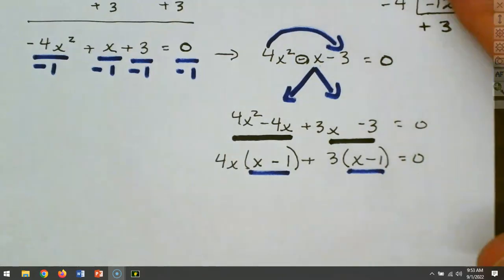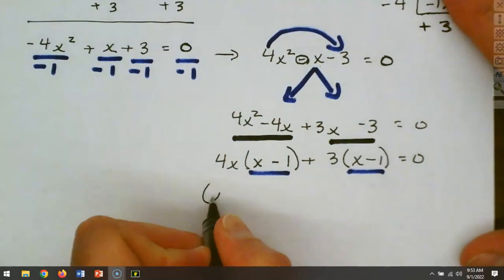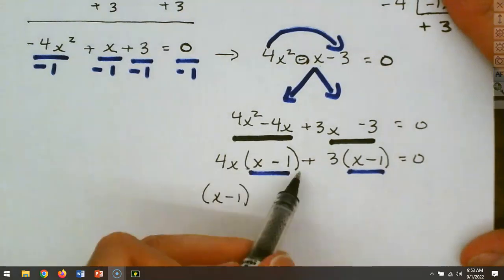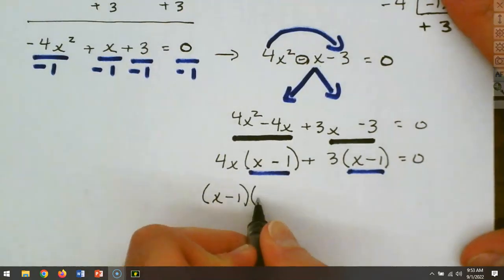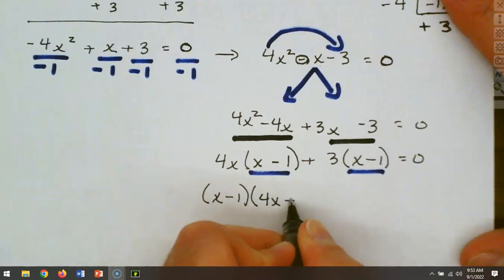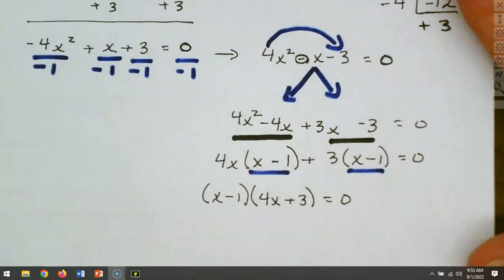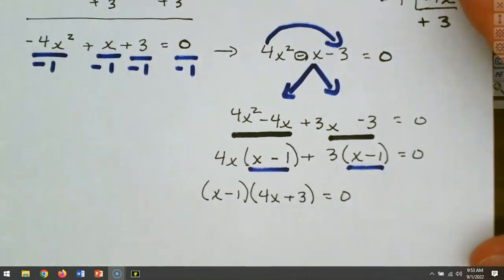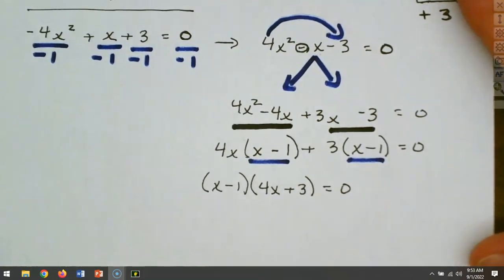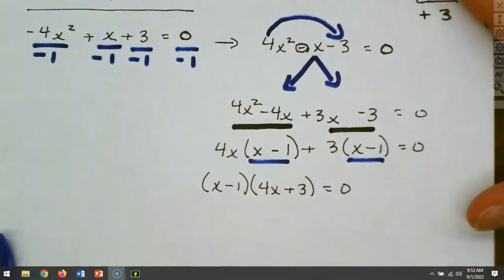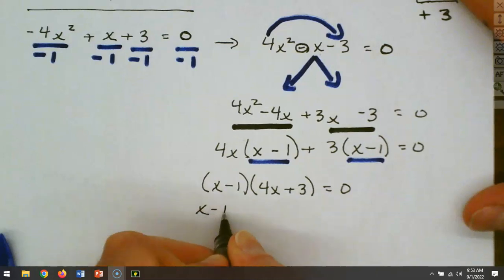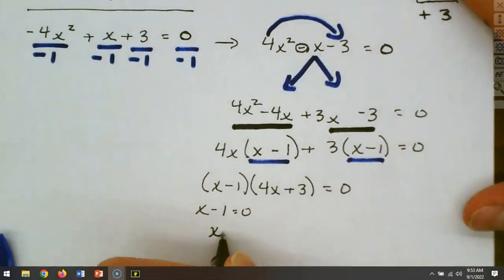So now we rewrite this as x minus 1 out in front, and what's left over is simply 4x plus 3. Now, what are my two answers going to be? We set each part to 0 again. So x minus 1 equals 0, which gives you one solution: positive 1.